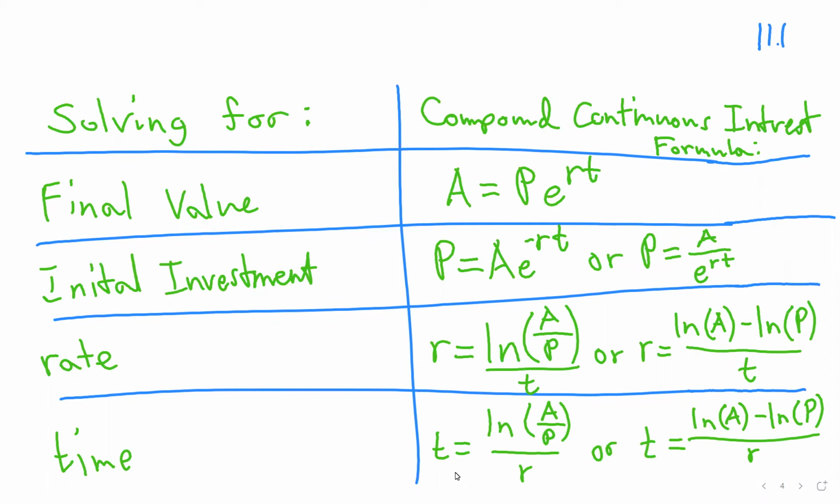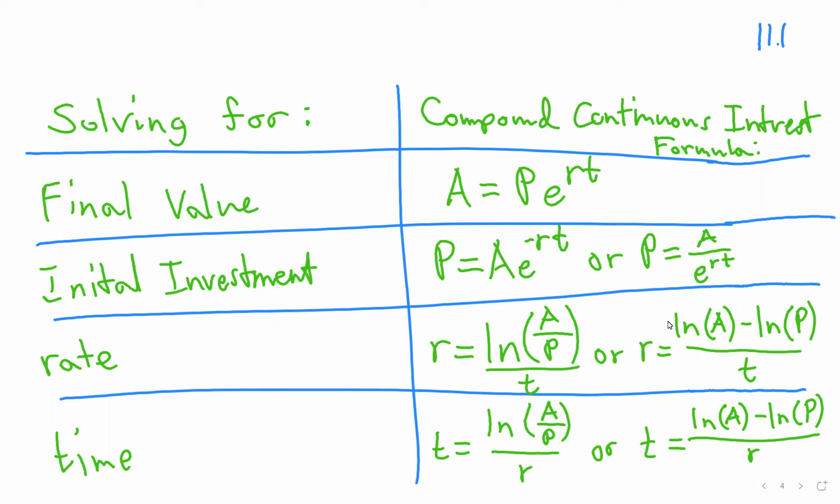And for both the rate and the time, we're able to rephrase these equations with a slight modification to the natural log function. We can do this because of log properties. And so we can talk a little bit about log properties in another video.